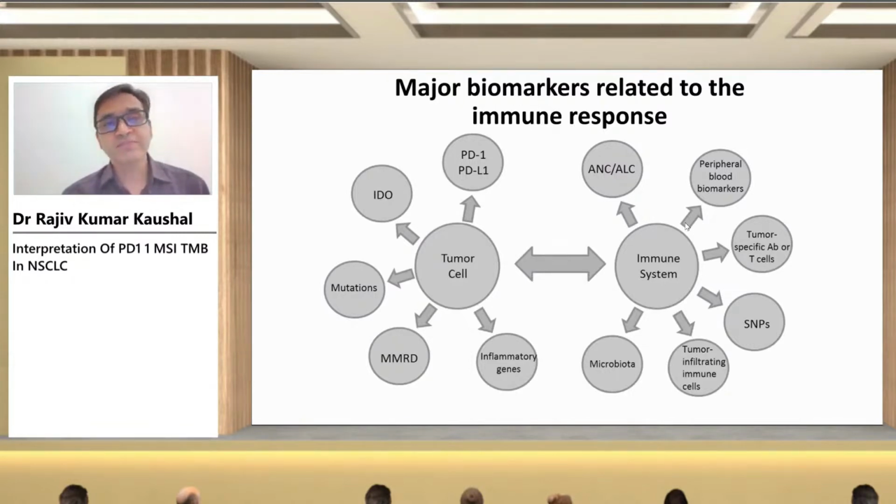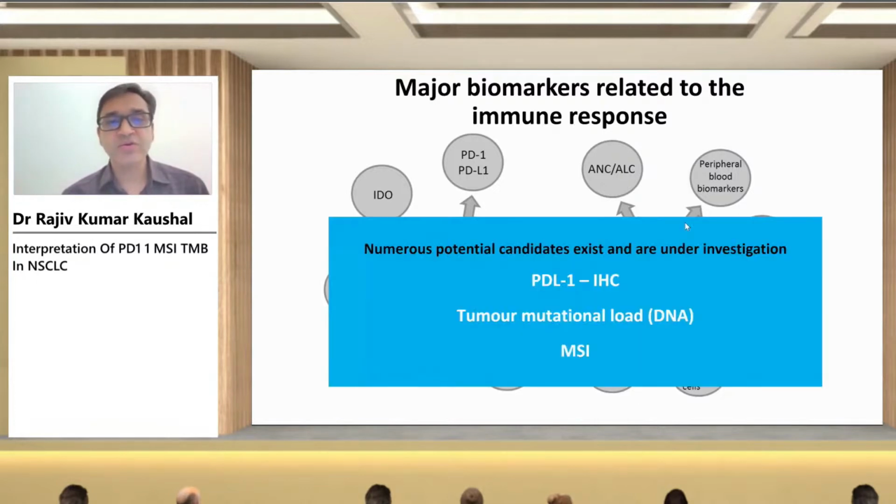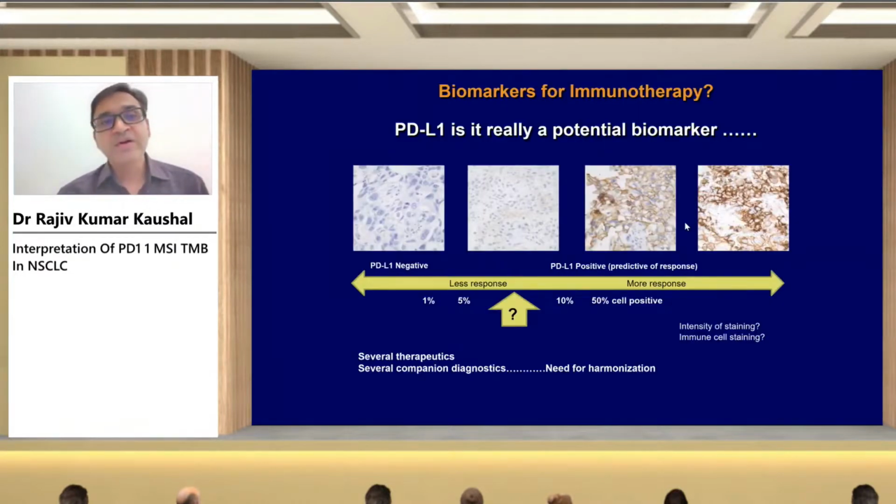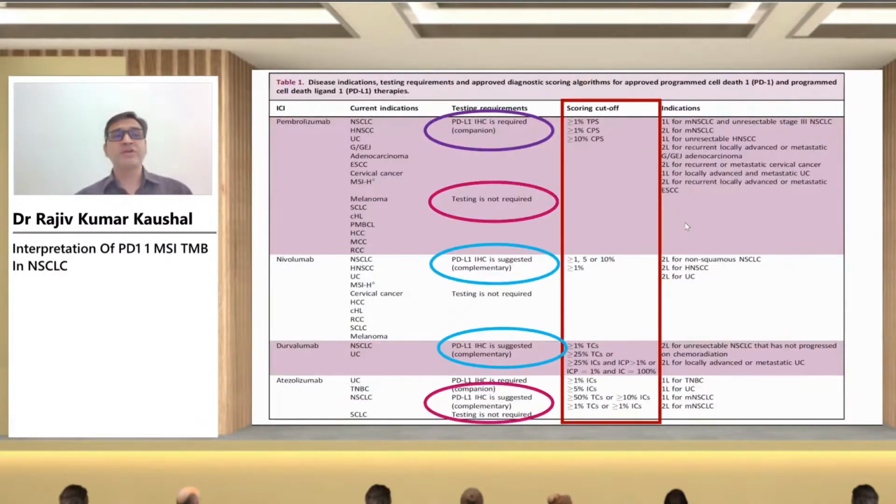So there are many biomarkers available, out of which PD-L1, TMB, and MSI are the more commonly used, and I'm going to discuss them. Starting with PD-L1, this is an IHC marker which is commonly used in most patients before starting immunotherapy. It is expected that tumors showing high PD-L1 expression are likely to respond to immunotherapy as compared to tumors which show either low expression or no expression of PD-L1.